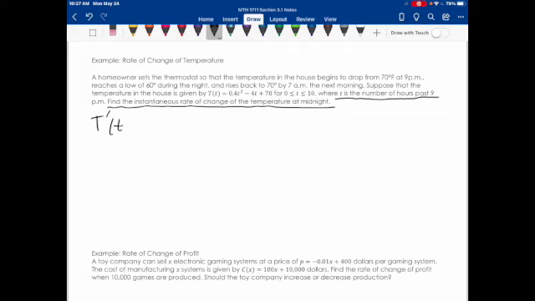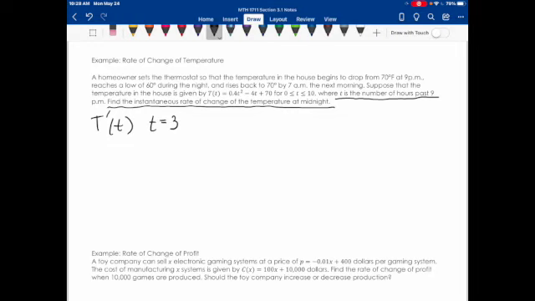So we want to find the derivative of the temperature, but we want to specifically find it at t equals 3. Now, why didn't I pick 12? 12 is midnight. Look at the way that the value of t is defined. It says that t lies between 0 and 10, so we can't use 12.